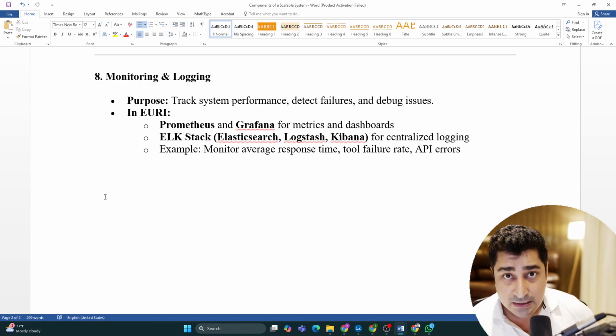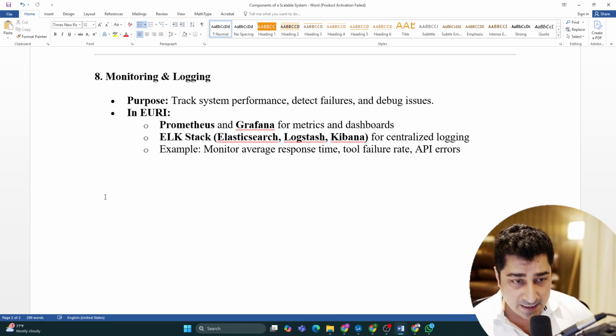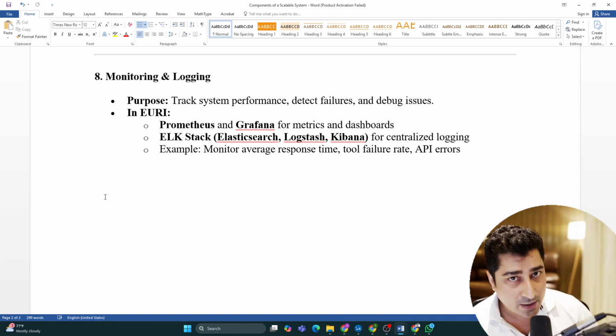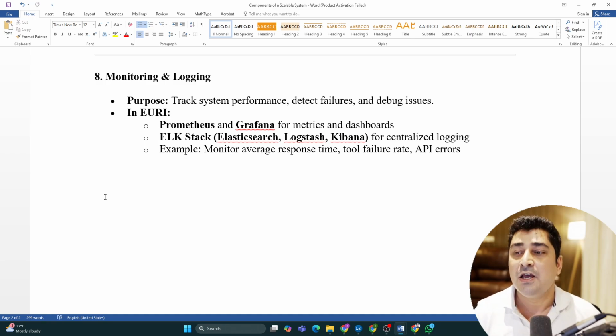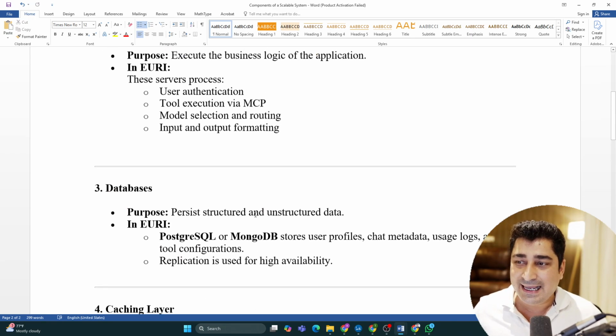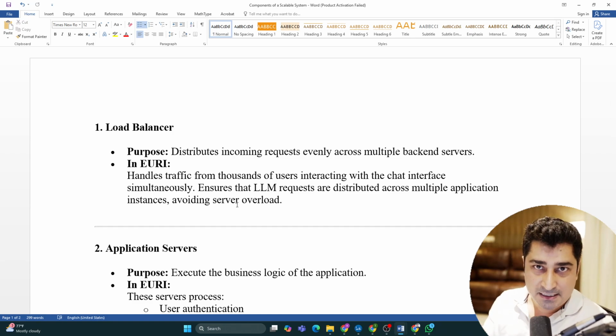To observe each and everything, we have ELK. With its help, we are able to log, monitor, debug, and rectify. So these are the overall 8 components in general. It doesn't matter whether you are working in Euron or some other system, you will be able to find them.